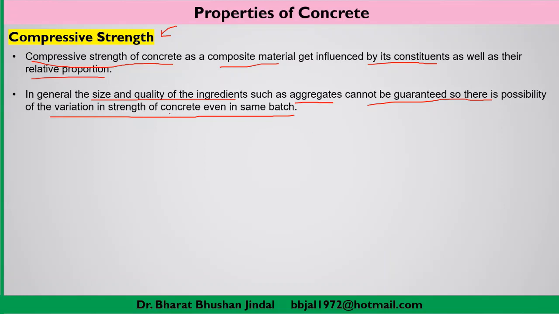So what I want to say here is that if we have prepared 10 cubic meter of concrete, then there is a possibility of variation of compressive strength in each cubic meter of concrete. That means if you are taking samples from a single batch of concrete and casting cubes, then you may find that every cube shows a different compressive strength.